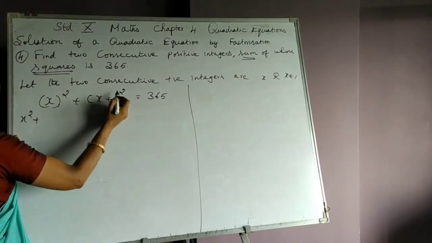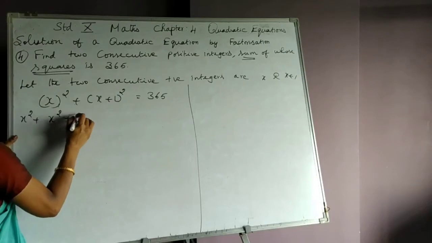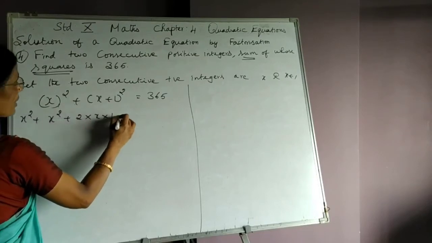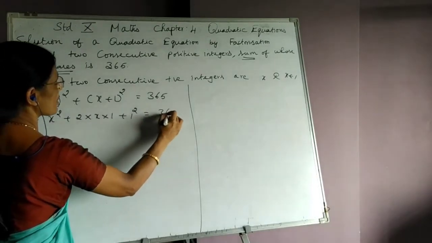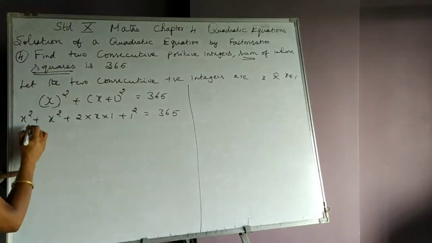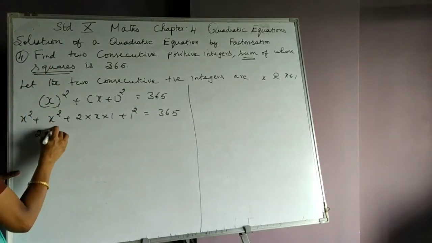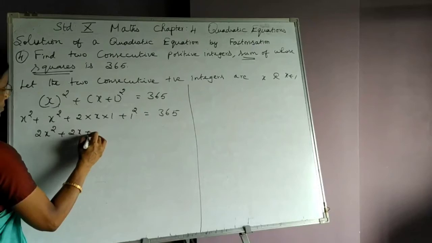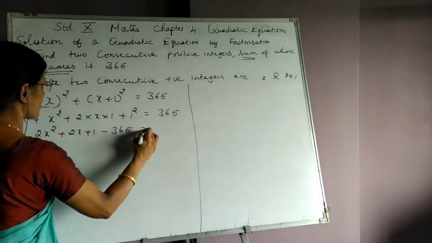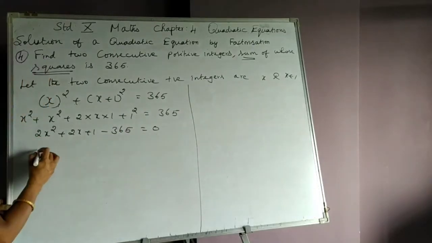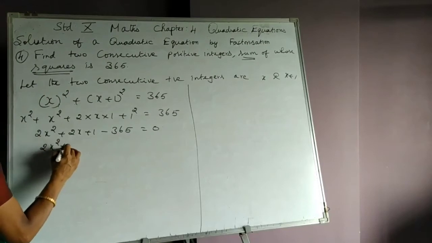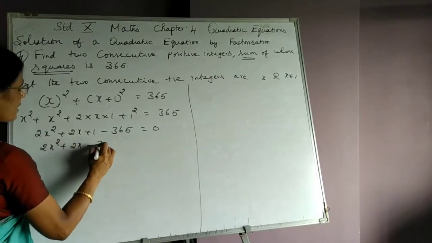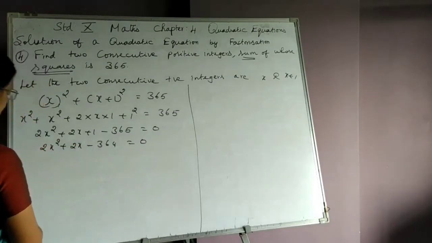Here we use (a plus b) whole square, which is a square plus 2ab plus b square, equal to 365. x square plus x square is 2x square, plus 2x plus 1 minus 365 equal to 0, which is 2x square plus 2x minus 364 equal to 0.